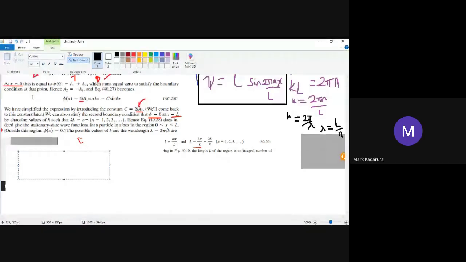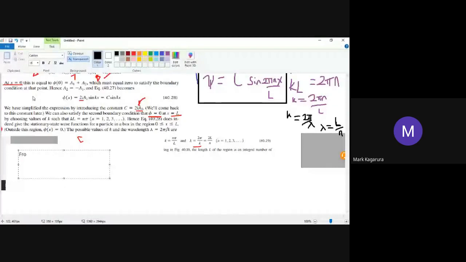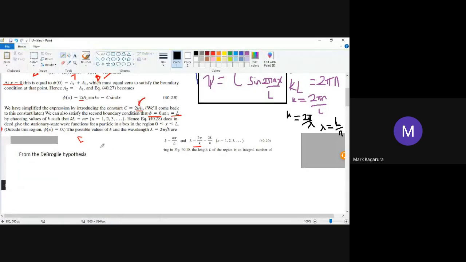From the De Broglie hypothesis, lambda is equal to h over p, right? We can get p by p is equal to h over lambda, right? So here we're trying to get energy levels.